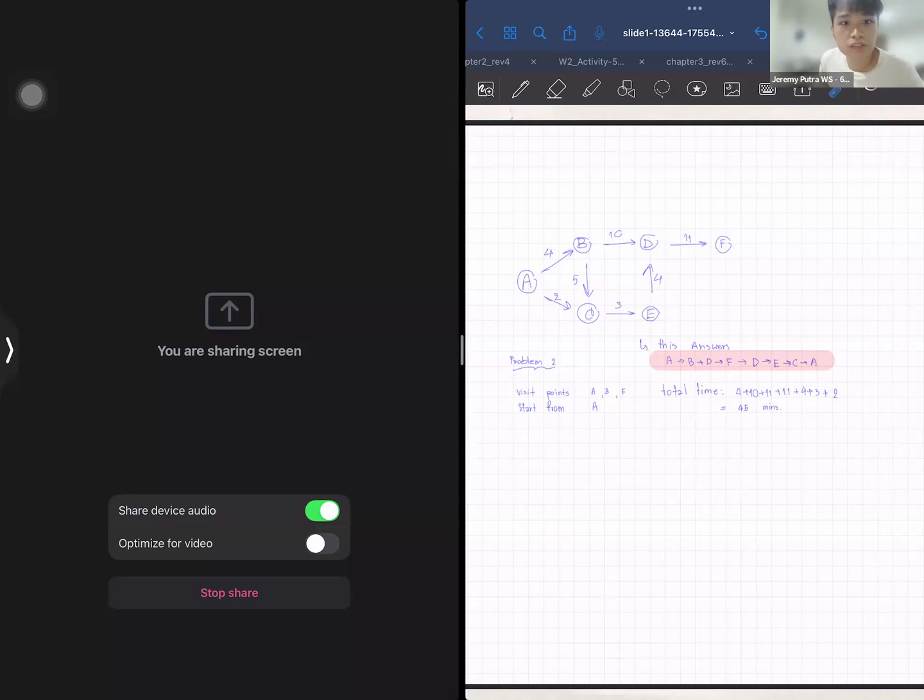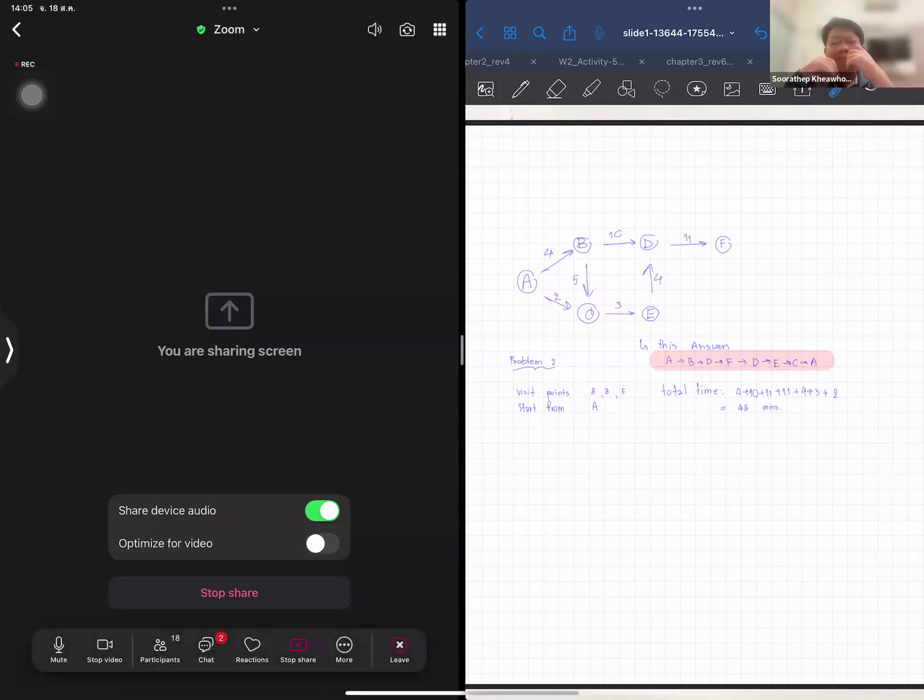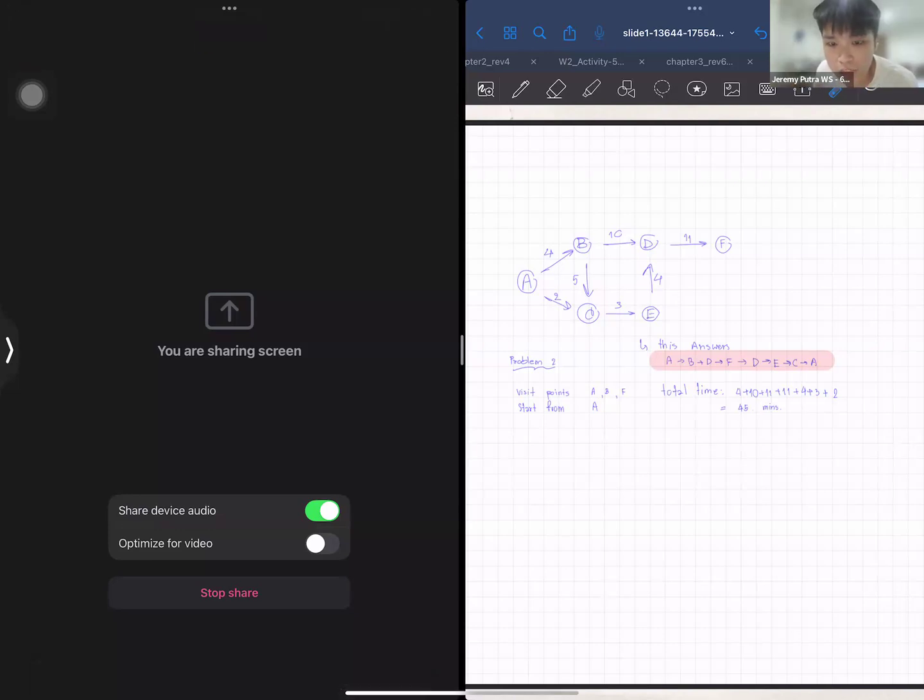Okay, I will try to help slightly, if I may. For the strategy, first, from point A until point F, there is one path that is quite unavoidable, that is D to F, because in order to reach point F, we need to pass through point D. We cannot use point E. So that is kind of fixed.